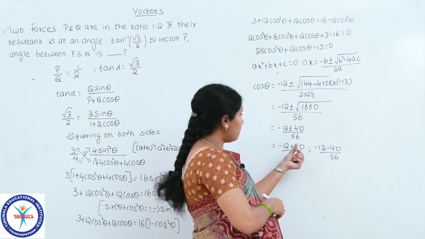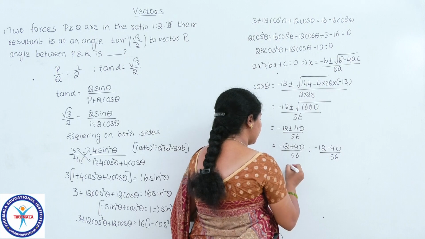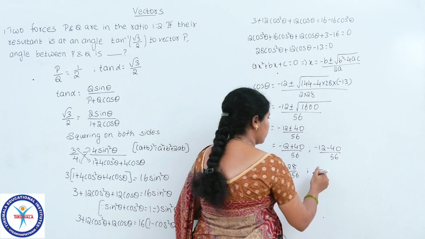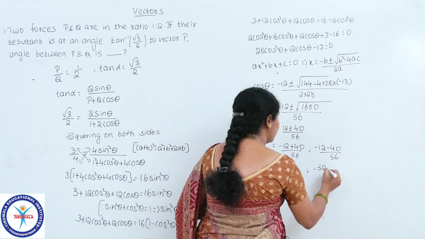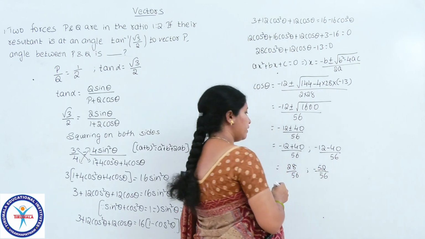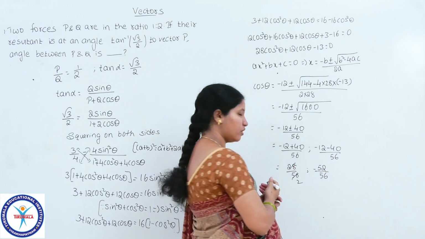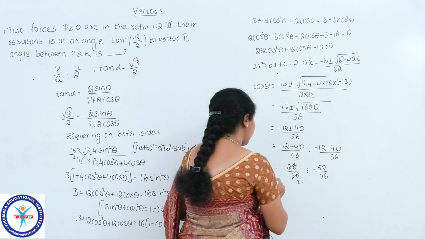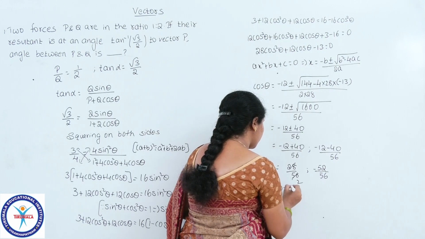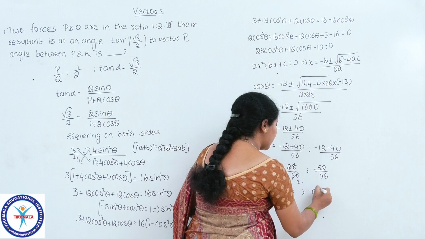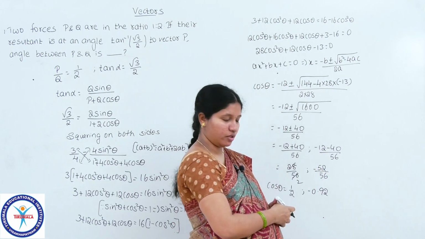Minus 12 plus 40 gives 28 by 56, and the other gives minus 52 by 56. 28 cancels 56 two times, so we get cos theta equals 1 by 2, and here on solving we get minus 0.92.